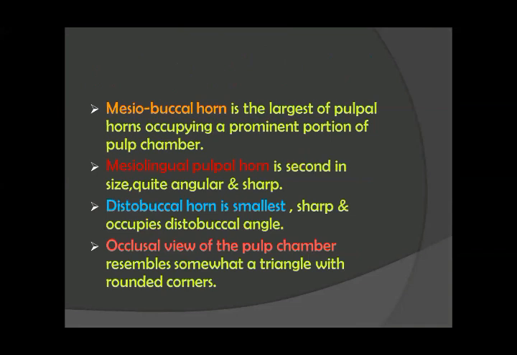The mesiobuccal horn is the largest of the pulp horns, occupying a prominent portion of the pulp chamber. The mesiolingual pulp horn is second in size, quite angular and sharp. The distobuccal horn is smallest, sharp, and occupies the distobuccal angle. Occlusal view of the pulp chamber resembles a triangle with rounded corners.